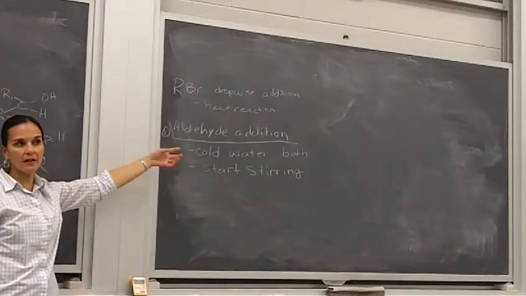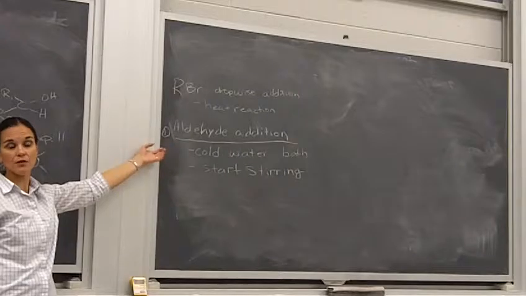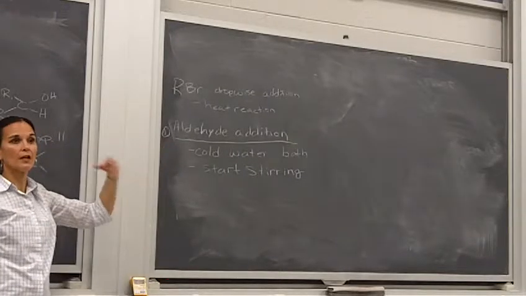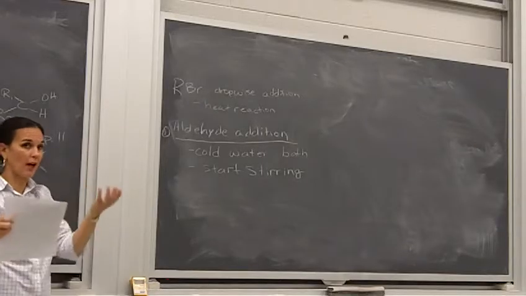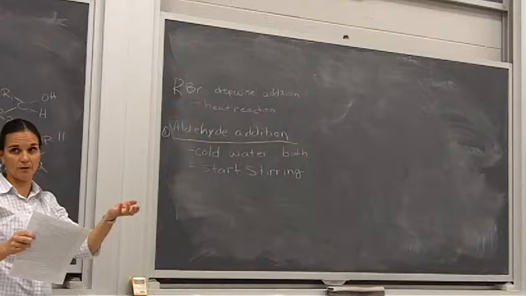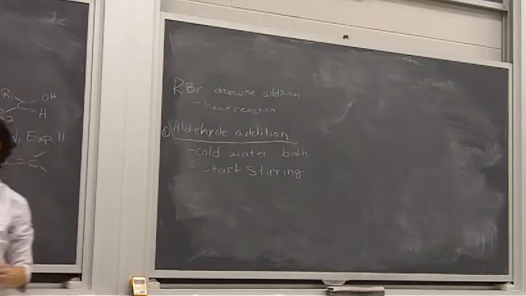Now this aldehyde solution, it tells you to use 25 milliliters of your aldehyde in a solution. The solution is already prepared. So in the reagent hood is a solution of whatever aldehyde you're supposed to use. You measure out 25 milliliters of that solution, okay? So you don't need to make a solution, it's already ready for you. It is going to go into your separatory funnel.